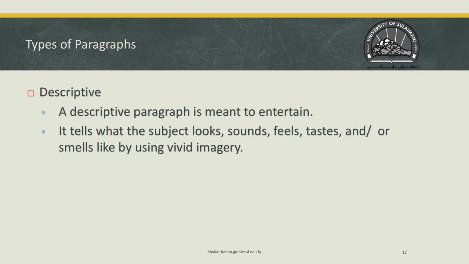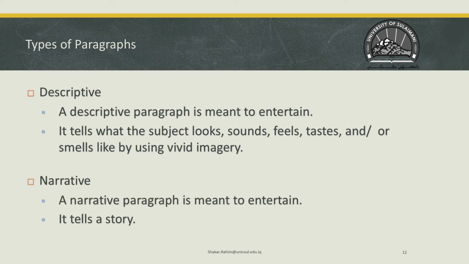Types of paragraphs. We have some types of paragraphs. The major ones are descriptive and narrative, and we will talk about the other types. Descriptive tells the subject: how it looks, how it sounds, how it feels, how it tastes, how it smells. So basically it talks about the five senses.